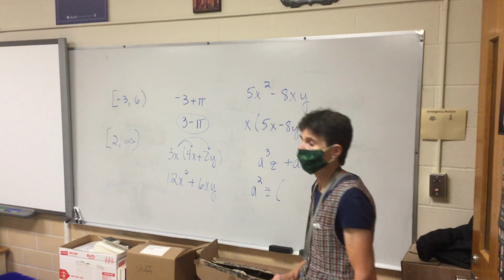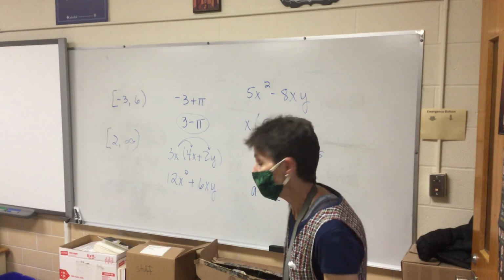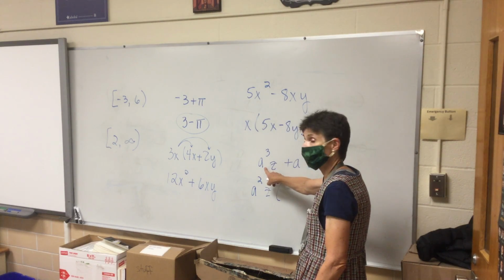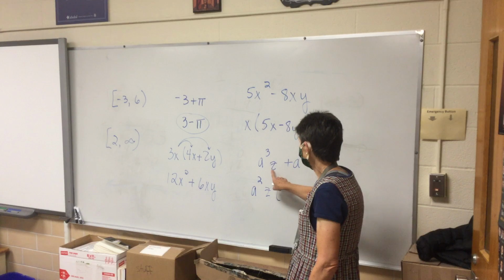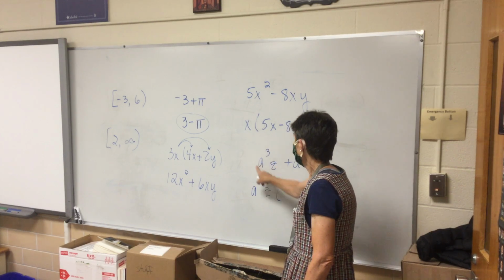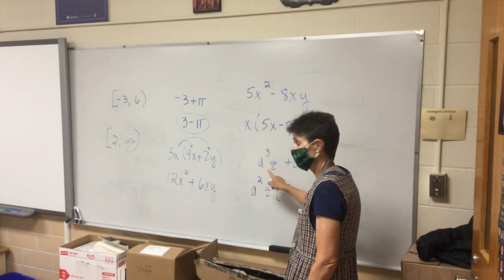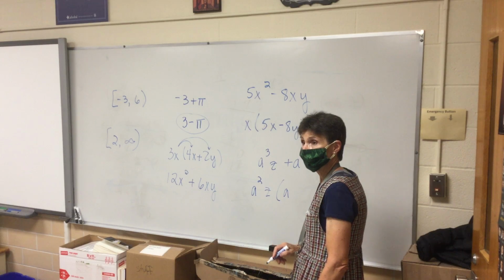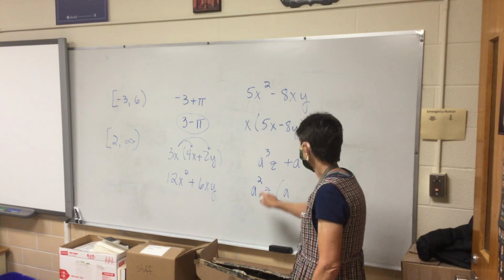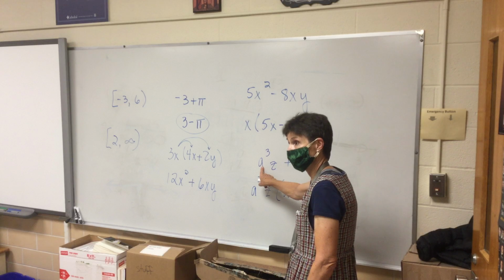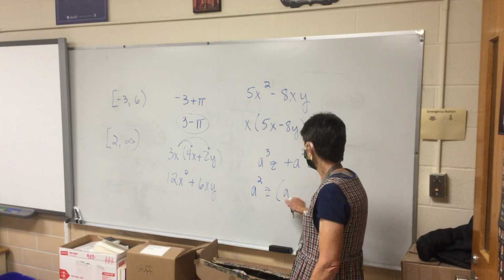Now be careful, you guys. If you take out an a squared and a z, all you'll have left is that leftover a. Because you're taking out 2 of them and you have 3 of them. So you're going to have 1 left over.